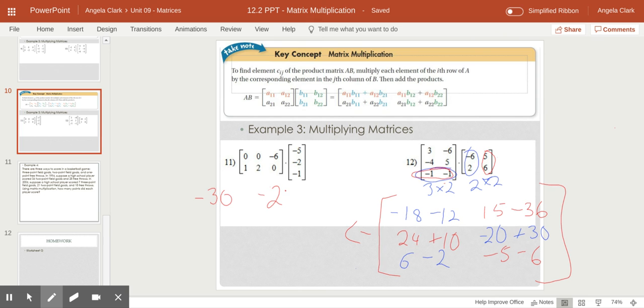Negative 21. 24 plus 10 is 34. Negative 20 plus 30 is positive 10. 6 minus 2 is 4. Negative 5 minus 6 is negative 11. And this is my final answer.